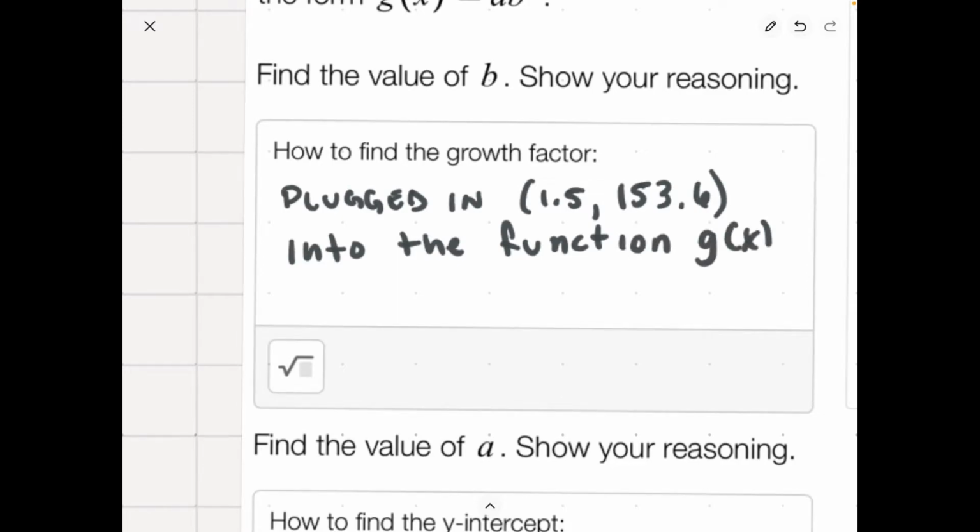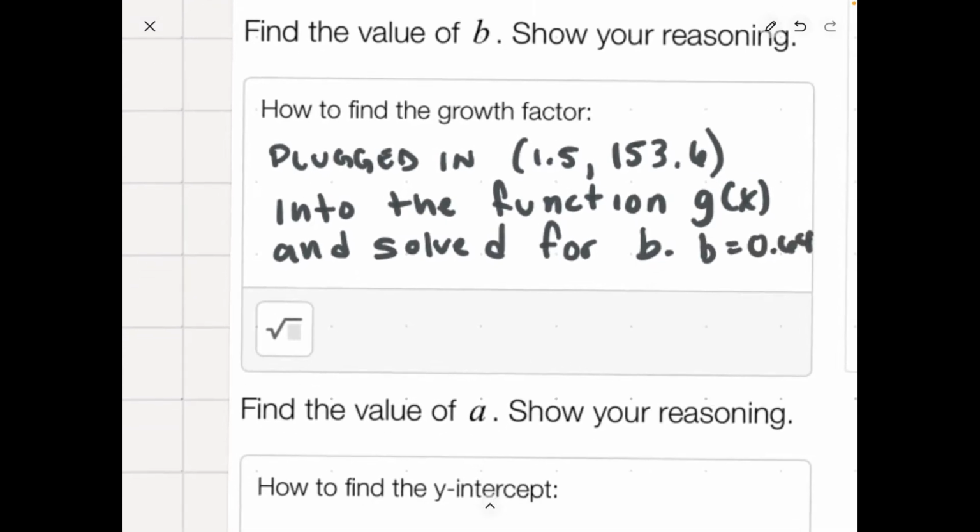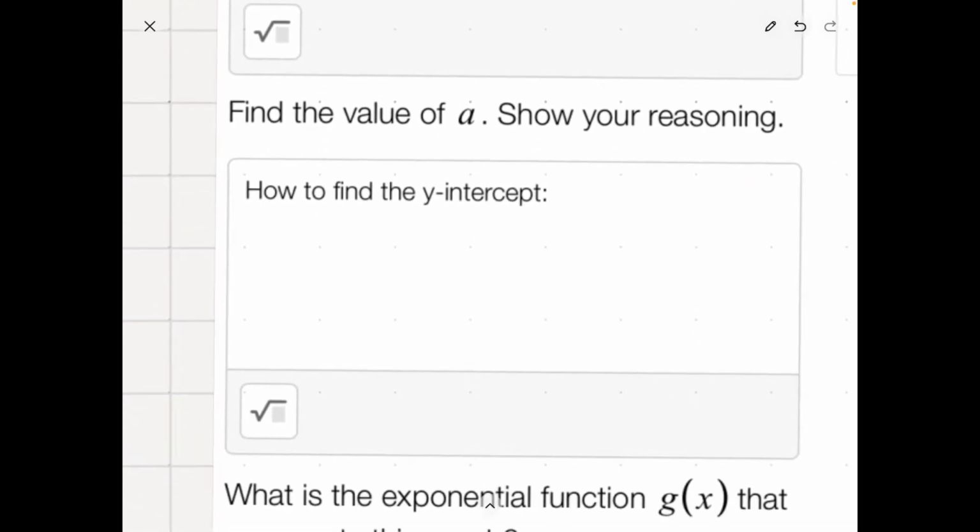See that? And solve for b. So that's what we did. And we said that b was equal to 0. How did we find the y-intercept?